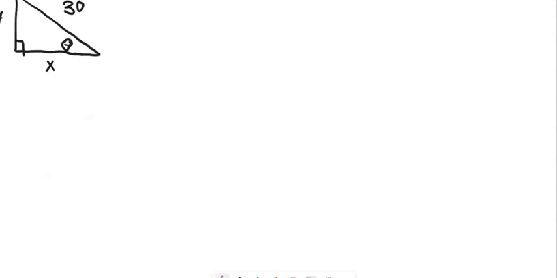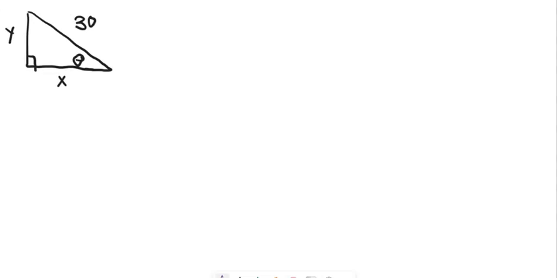So I'm going to write another definition of y. Sine theta is y over 30, so y is also 30 sine theta.